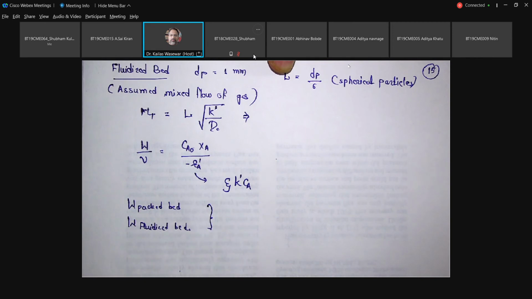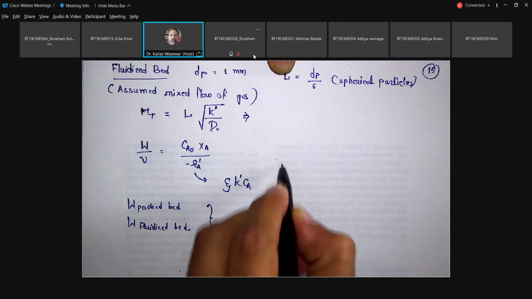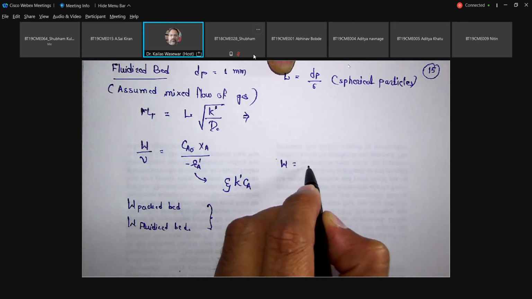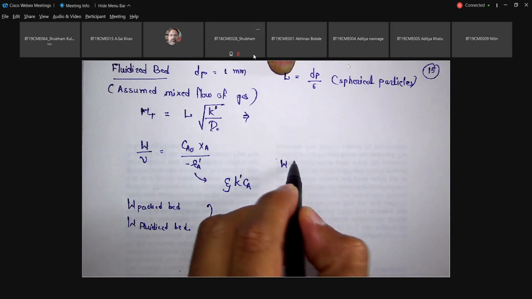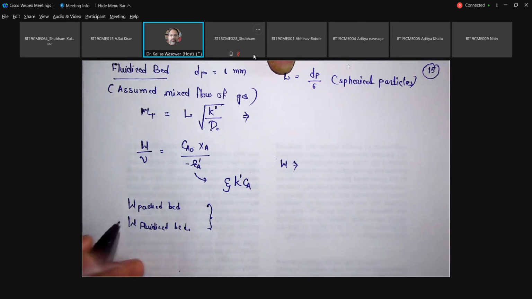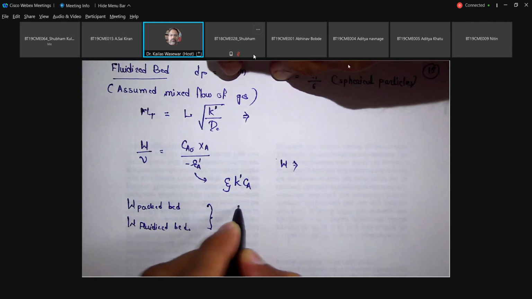So this way, someone has done it, I think Vignesh, and it is coming out very good. So W is coming to be, yes, do the calculations. In the packed bed case, it is 50 gram.